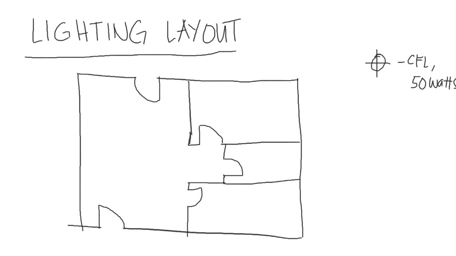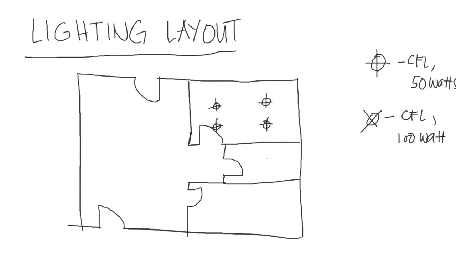So if I put here 4 CFL 50 watts lamps, it means that in the actual installation of lamps, this room 1 will have 4 CFL 50 watts lamps. And then I will also be using a CFL 100 watts.